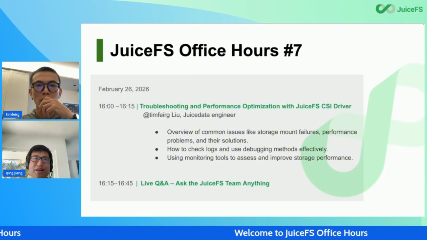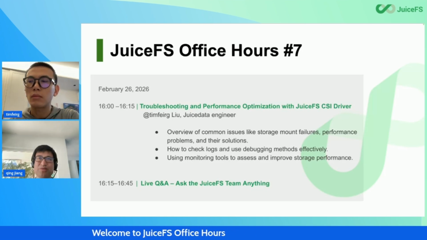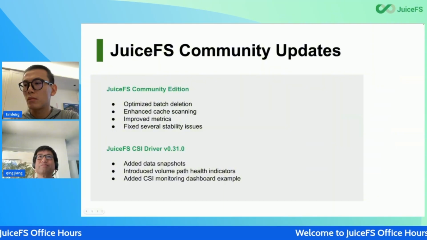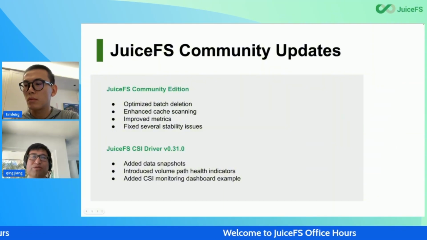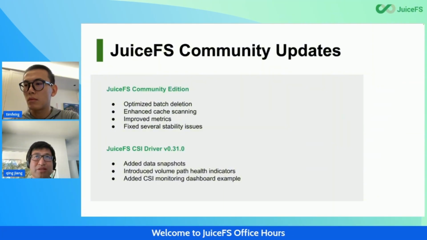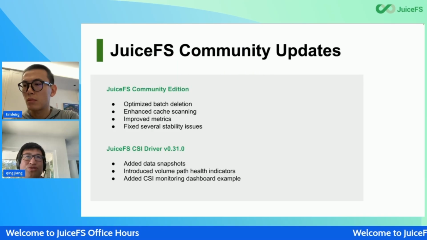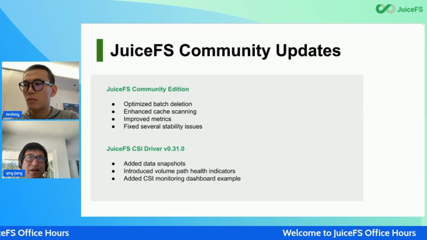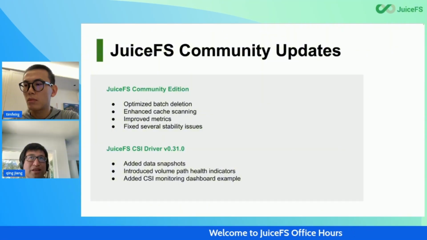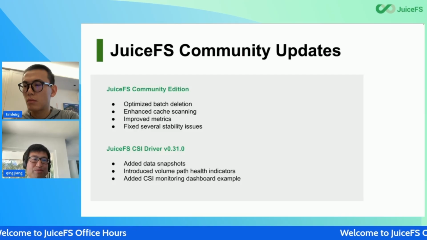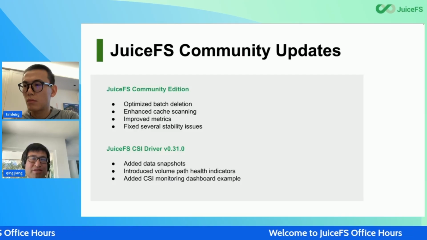Before we do that, I'd like to announce some community news. For the JuiceFS community edition, we have a new version coming out, which will optimize the batch deleting, enhance the cache scanning, and improve and add new metrics, so you have more visibility of the performance.